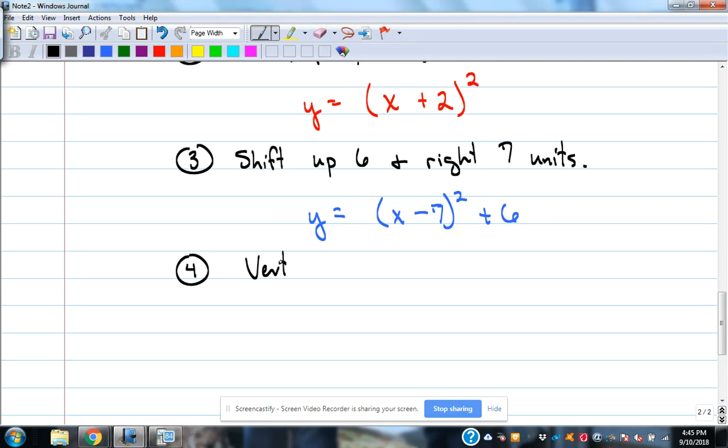Let's do a vertical stretch by a factor of 4. Vertical stretch by a factor of 4.